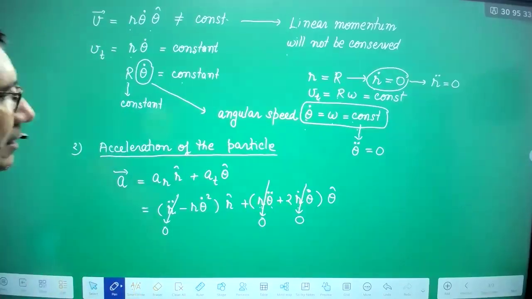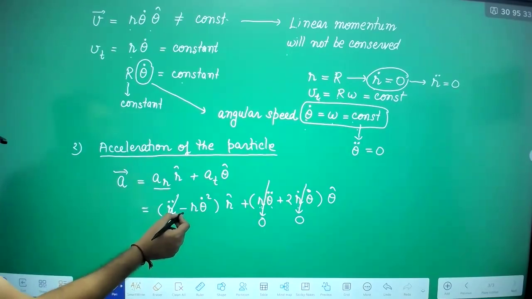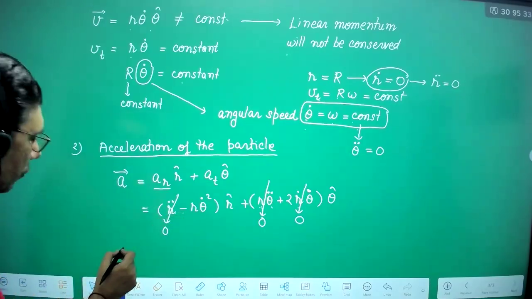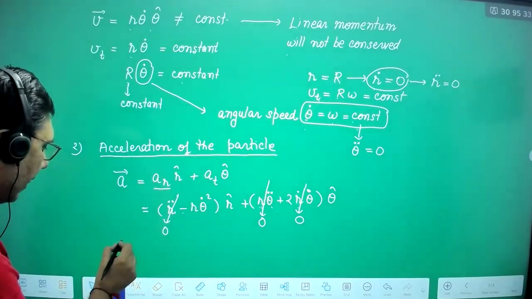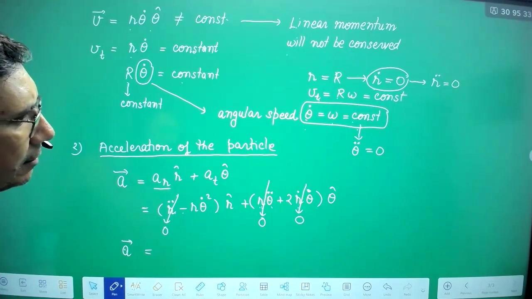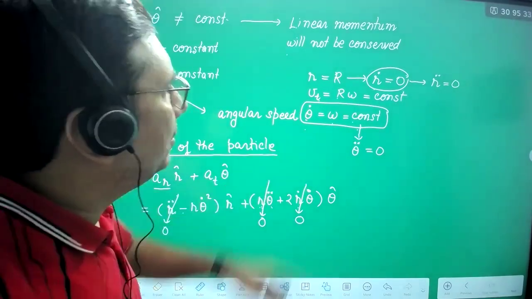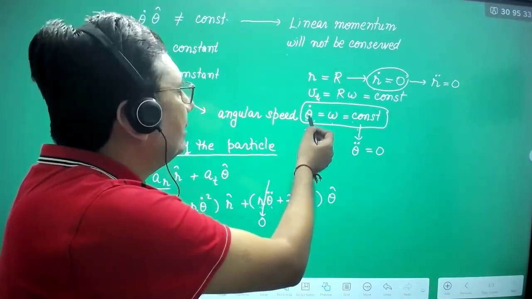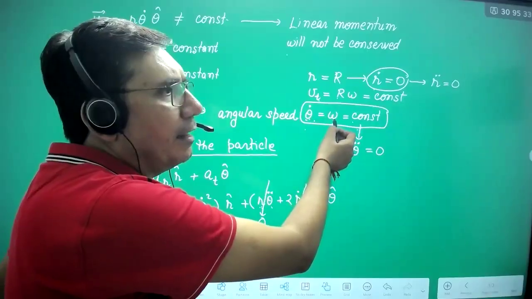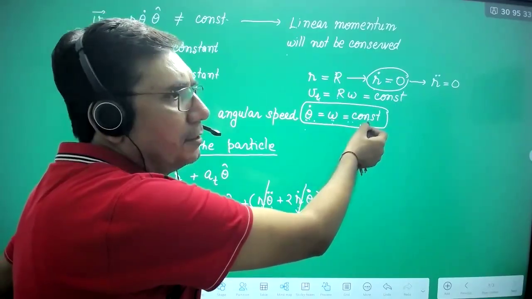So what is left with us is only the radial acceleration, acceleration in the radial direction, and that is also with a negative sign. R theta double dot being 0 means we have found that the angular speed omega is constant.